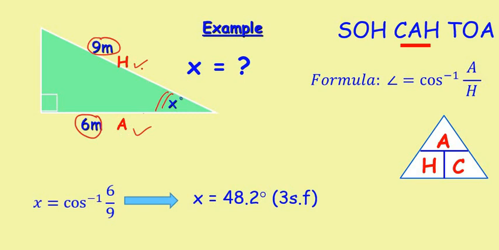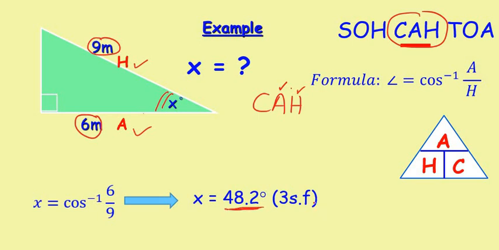Now because we have A and H, I have to make use of CAH. I can say angle X equals cos inverse 6 over 9: 6 is written first, then over 9, the hypotenuse.